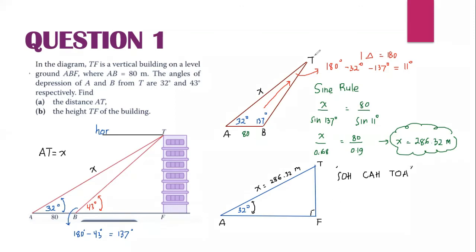So sine 32 degrees equal to TF over 286.32. Sine 32 is 0.53, equal to TF over 286.32.